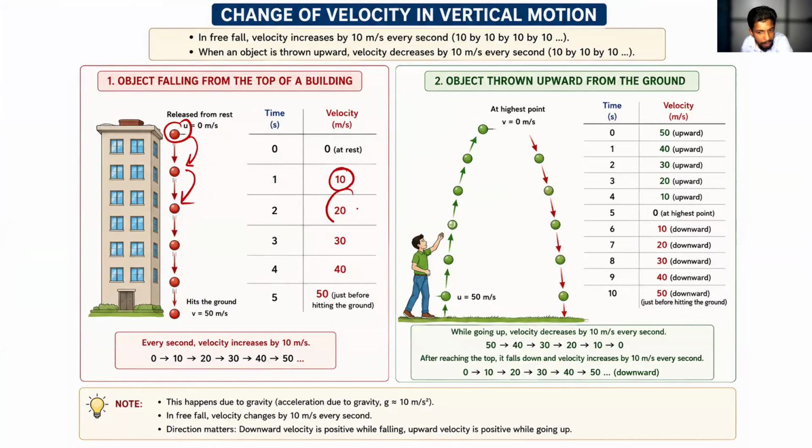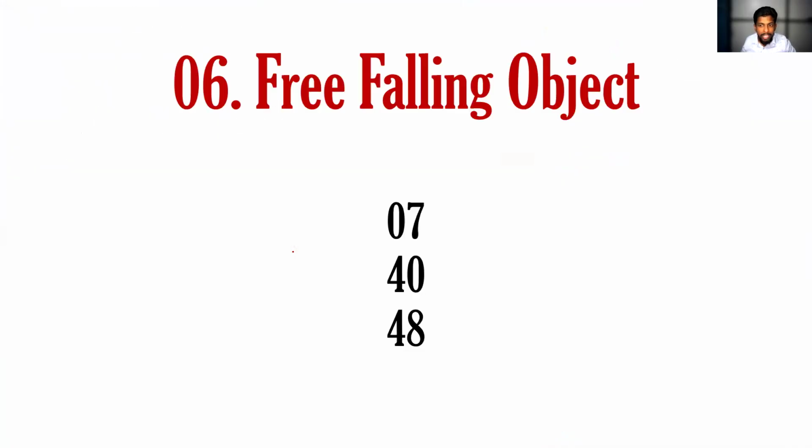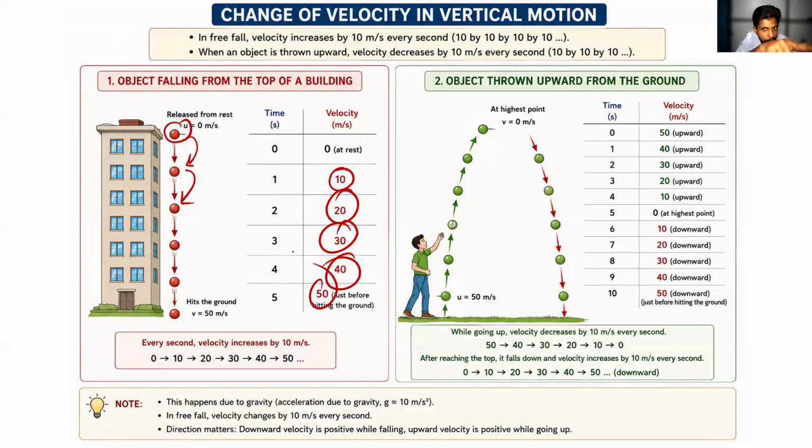Velocity will increase by 10, 10, 10. Free falling object was our sixth concept, out of the 12 chapters. In that chapter we discussed that when the object is falling down, the velocity will increase.